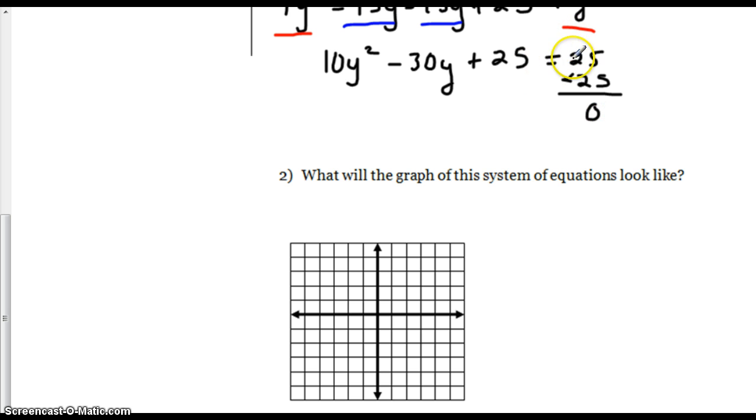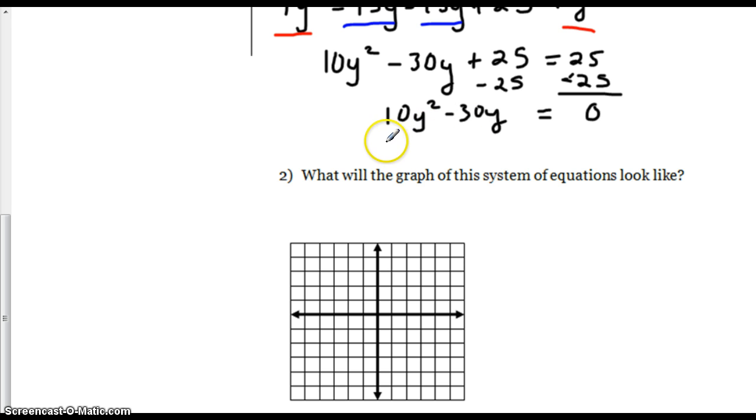And subtract. Anytime you do one thing to one side of the equation, you must do it to the other. So that would make 25 minus 25 be 0, and you'll be left on this side with 10y squared minus 30y. Now we're going to solve for y.